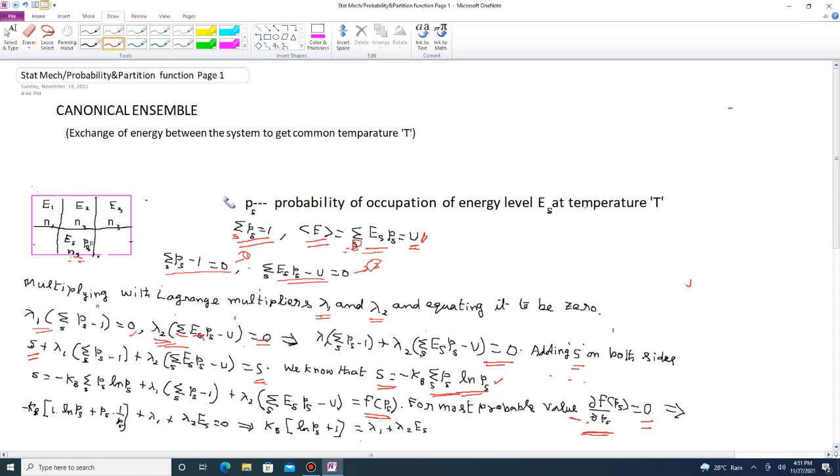So you will get this is your expression. k_B log(p_s) + 1 is equal to lambda 1 plus lambda 2 times e_s.